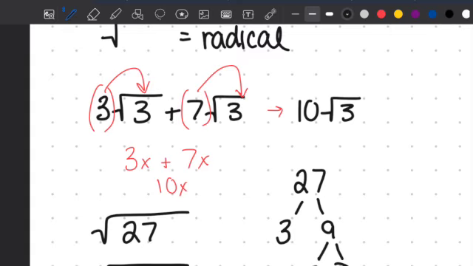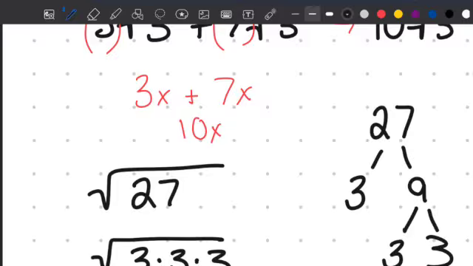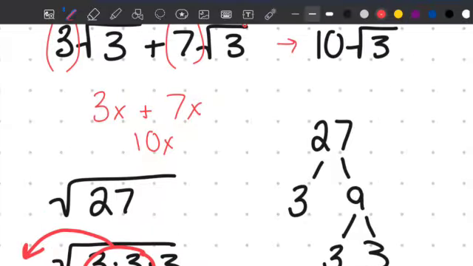Because there are three 3's inside my radical, and this is a square root, you need a pair of numbers. So you need 2 3's or 2 9's or 2 whatever numbers it is. I'm going to take 2 of these 3's. They pair up with each other and get moved outside of my radical. So what I would be left with is 3 root 3.